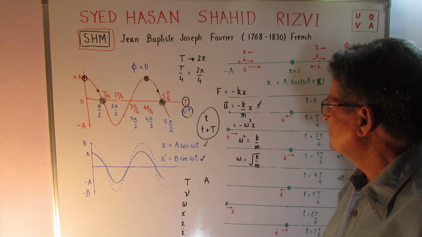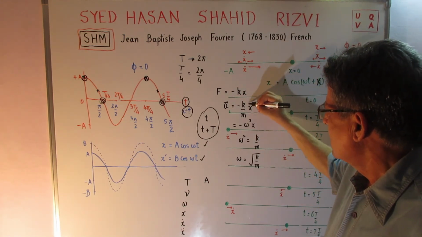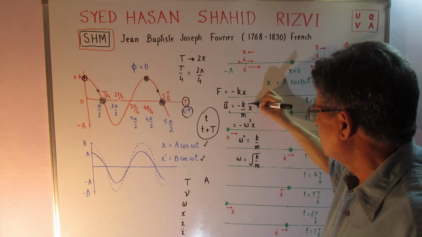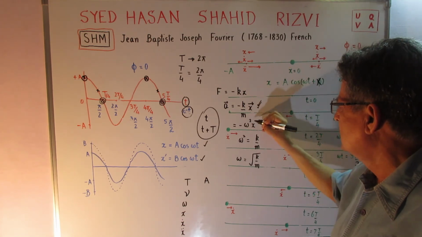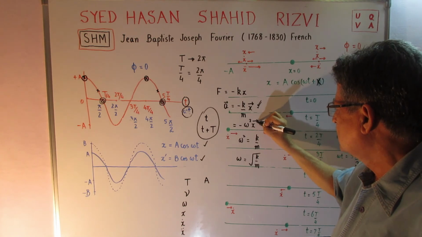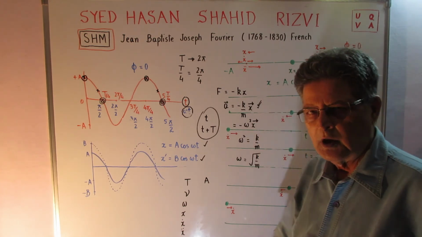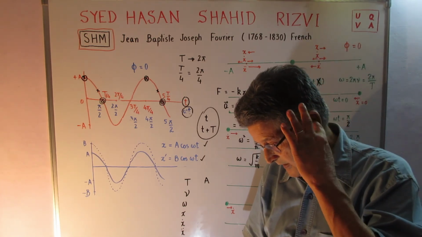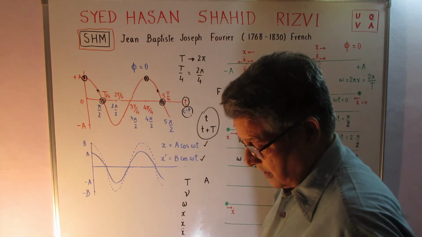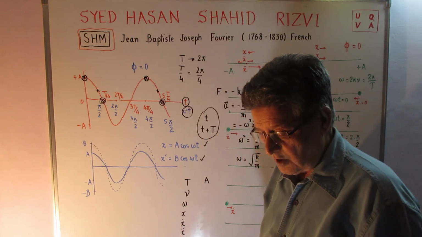I'm sorry, this equation is wrong, absolutely wrong, a mistake on my part, so this should be written like this. Because one side is a vector and the other side is not.